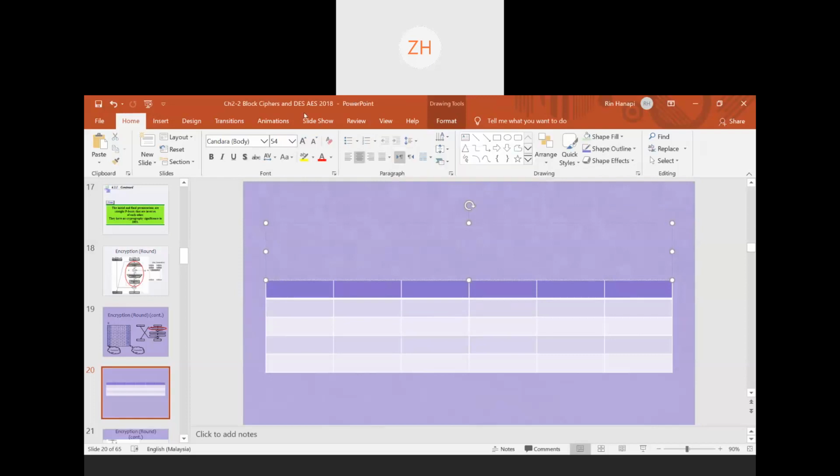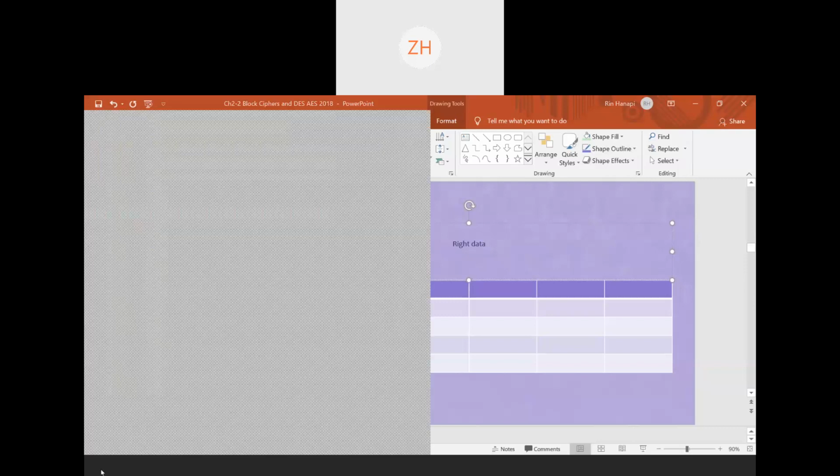Right hand side just now. Right data. Why did they enter too large here? I think better to use Word, easier.